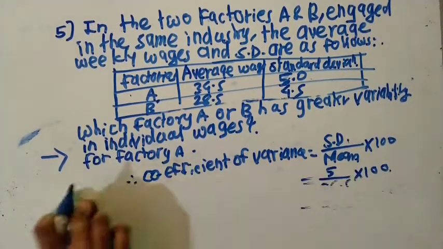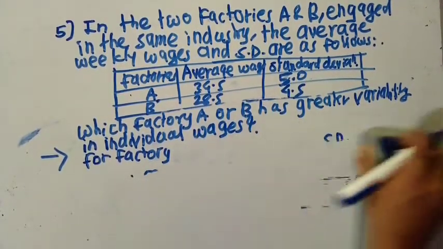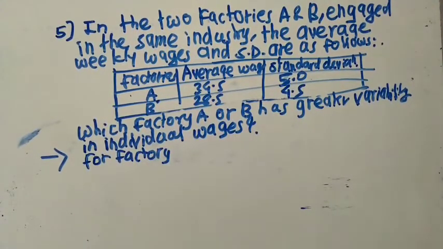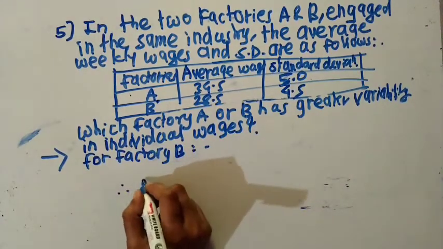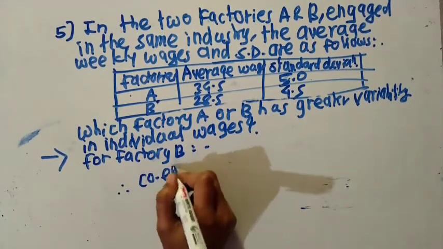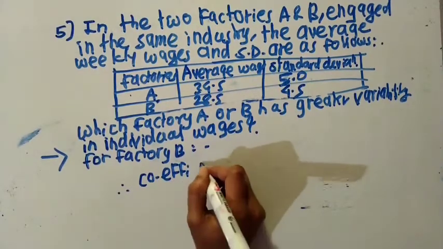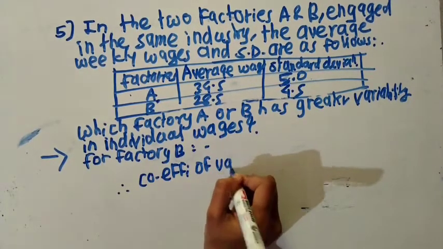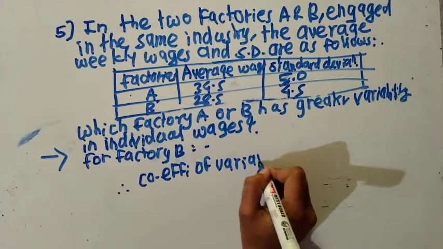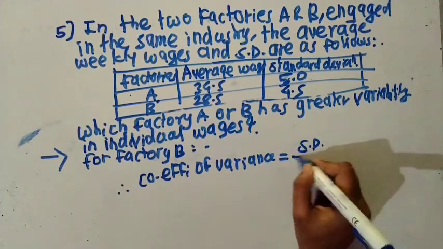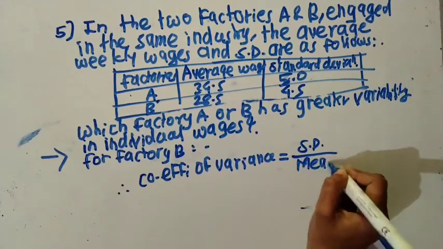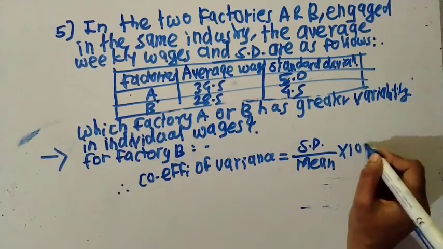Then also find out the coefficient of variance for factory B. Coefficient of variance is equal to standard deviation upon mean into 100.